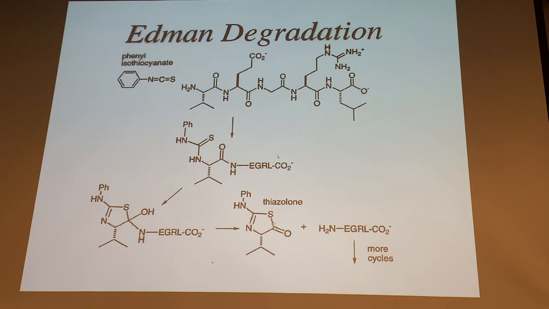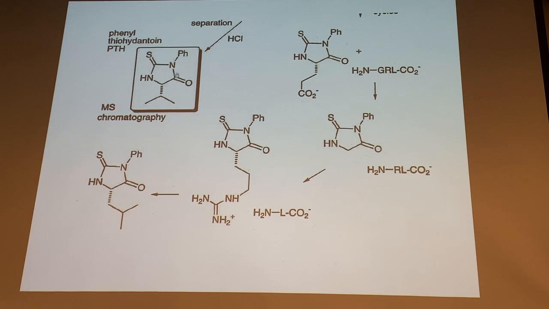You have to open up the thioester. Thioesters are labile. Rotate around and have the nitrogen here on the phenyl attack over to the carbonyl. And you'll get the rearranged thing. This is actually the stable thing that forms after a few seconds. This is the one that's actually filtered off and goes into the mass spectrometer.